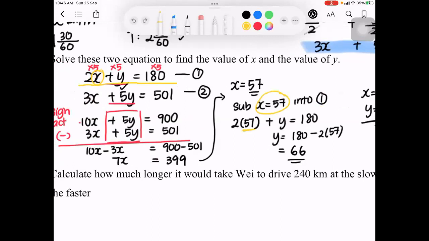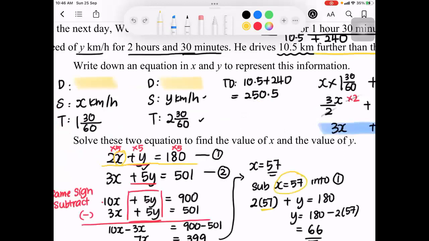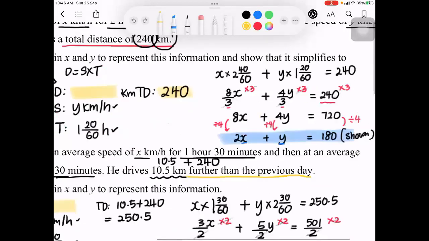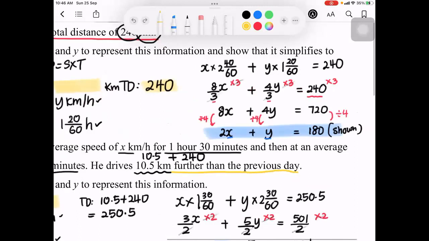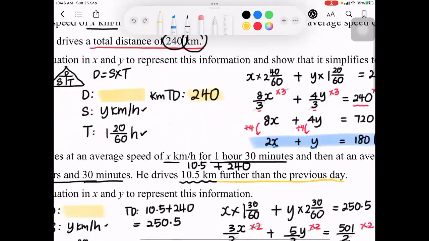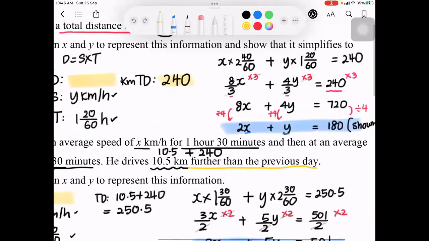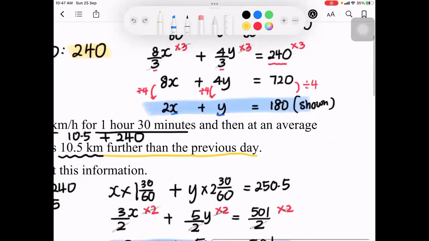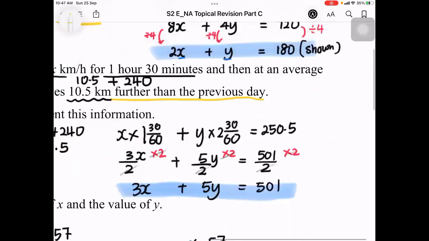The 2x plus y equals 180 is the first one. You see here we got 2 equations. The first equation is the one they asked us to solve, right? Then this one is our second one. So we solve these 2.